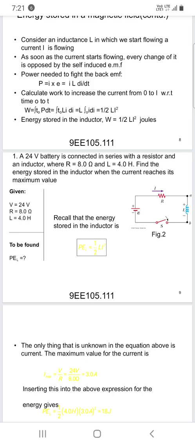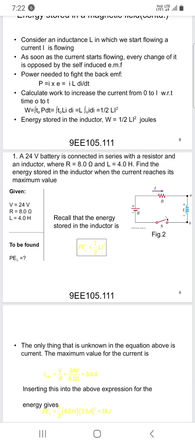So here E is equal to L into di by dt, and the power is equal to I into L into di by dt. Next, calculate the work to increase the current from 0 to I with respect to time 0 to t.